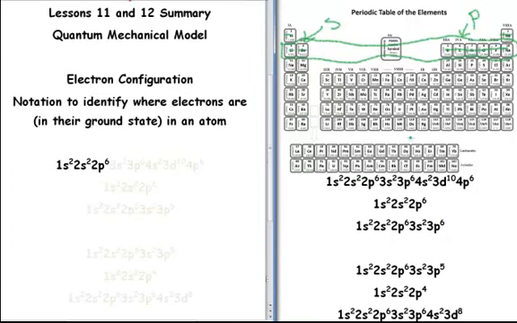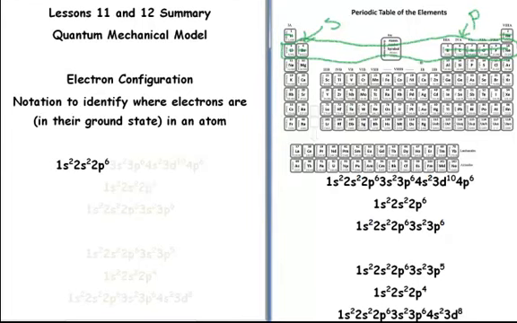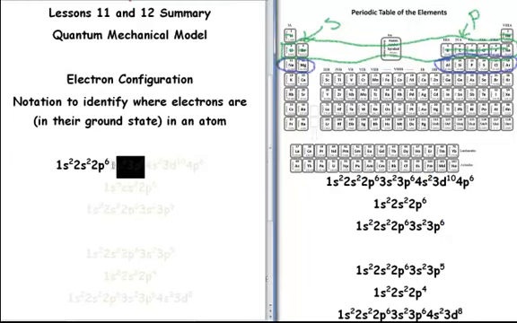Alright, now if we move down to the next period and we move out from the nucleus to the third energy level, we are going to be filling the next s orbital and the next p orbital, which are represented right here in the electron configuration notation.